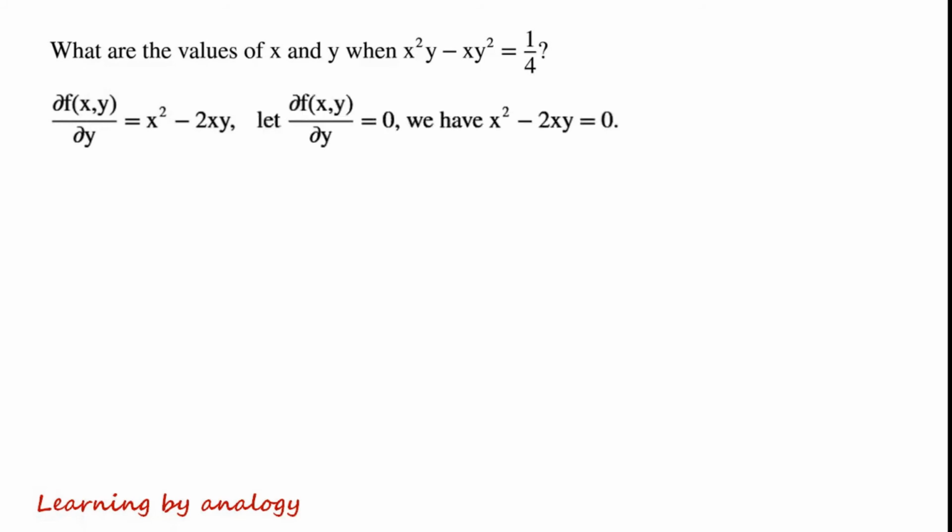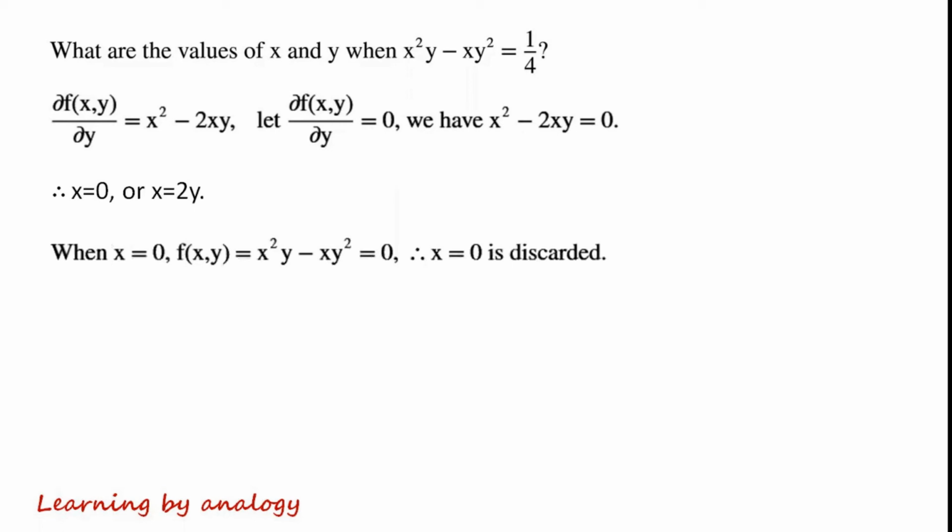Let the partial derivative of f(x, y) with respect to y equal 0. We have x squared minus 2xy equals 0. So x equals 0 or x equals 2y.